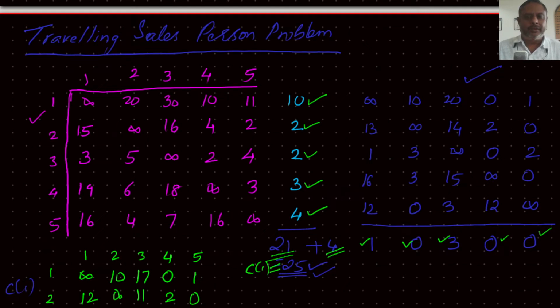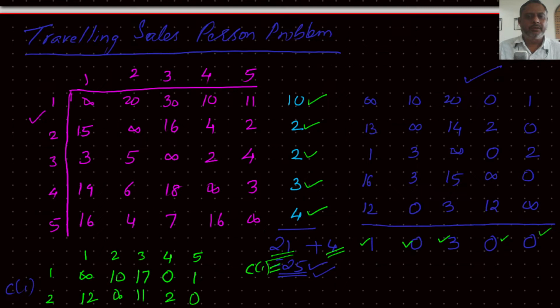The final matrix we get is after subtracting 1 from the first column and 3 from the third column, because the other 3 values are zeros. So we have 20 minus 3 is 17, 14 minus 3 is 11, 15 minus 3 is 12, 3 minus 3 is 0.